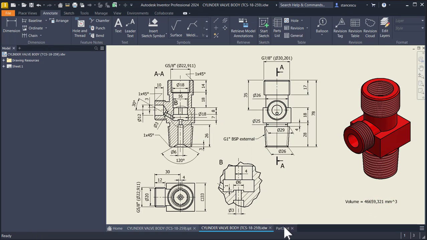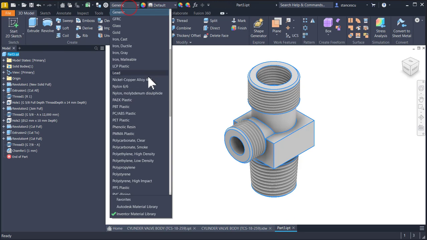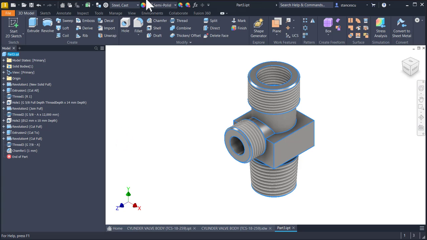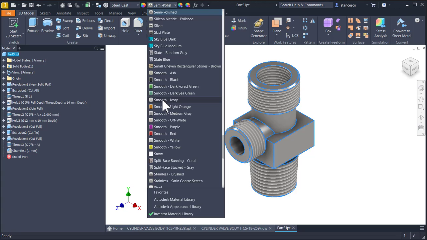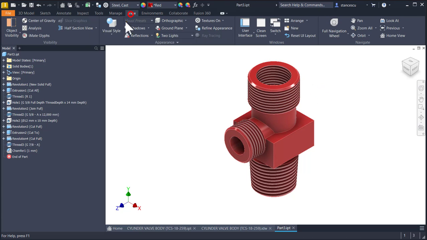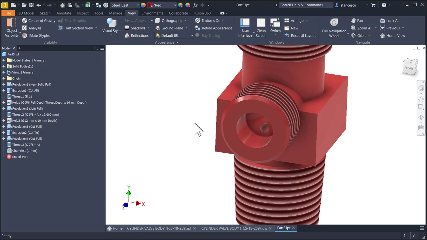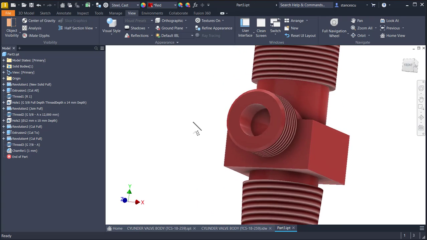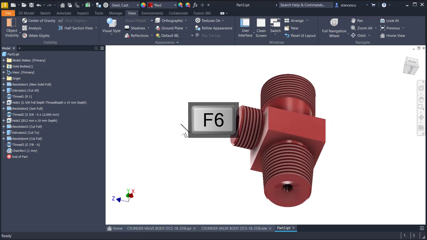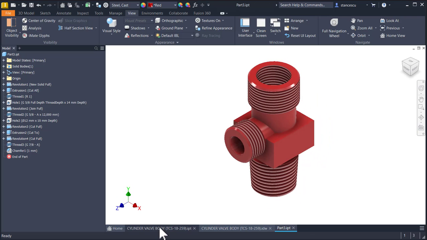Okay, I select the steel cast, I apply the color of red, and eventually visual style with shaded to have our nice production, which is the same with this one, only the light is different.